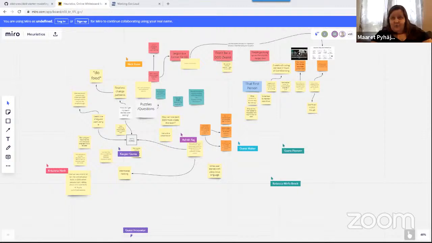So either they were all on their own or they were seeking someone to join. And it was actually a lot easier in that organization to get the person to join to be the business person and get that design related activity going on and pull them all the way to the code. So a lot of times it depends on what kind of frame the organization gives on which direction you're supposed to collaborate the most.